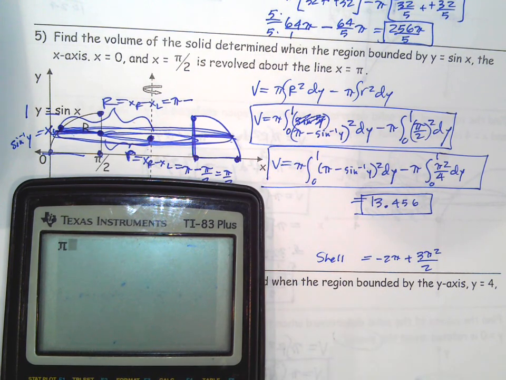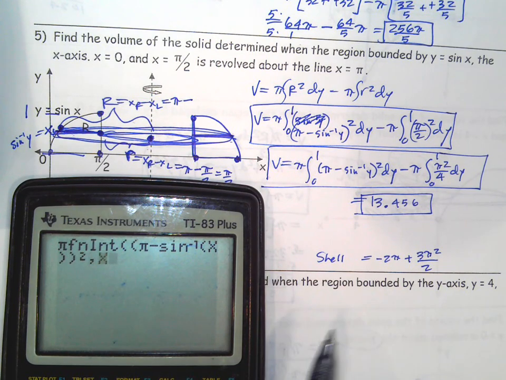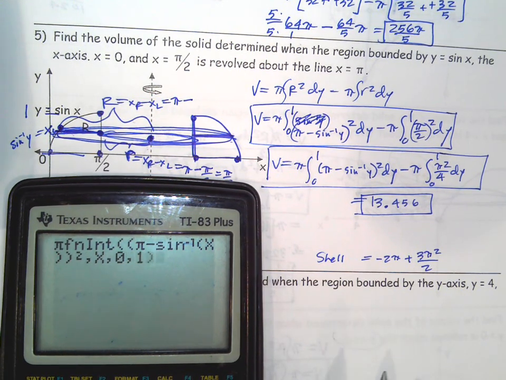Pi, math 9, parentheses, pi minus inverse sine of x, close, squared, comma, x, comma, 0, comma, 1, minus pi, math 9, pi squared over 4, comma, x, comma, 0, comma, 1.